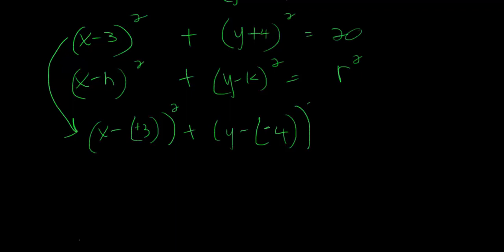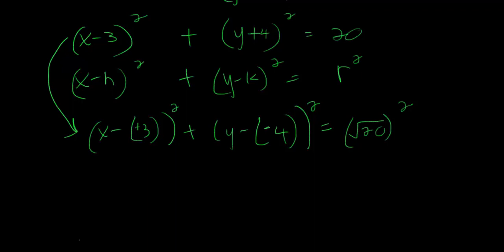So y minus negative 4 squared equals something squared. How can I write that? Well, it would be the square root of 20 squared.